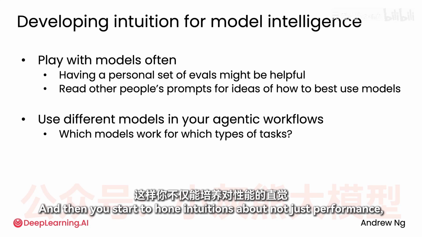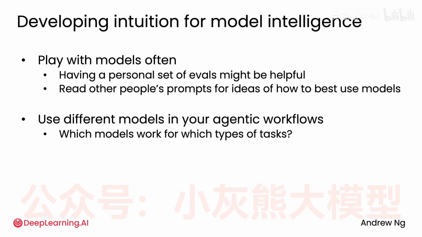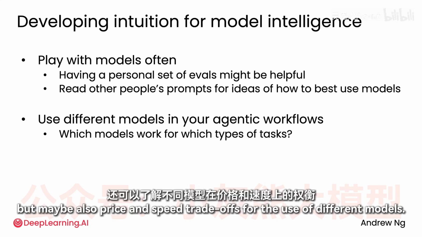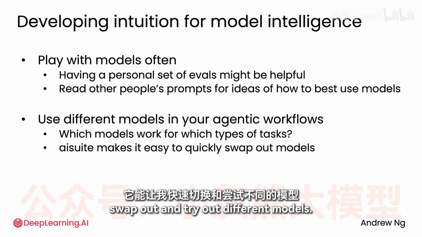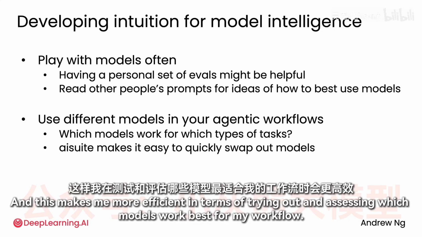And then you start to hone intuitions about not just performance, but maybe also price and speed trade-offs for the use of different models. And one of the reasons I tend to develop my agentic workflows with AI Suite is because it then makes it easy to quickly swap out and try out different models. And this makes me more efficient in terms of trying out and assessing which models work best for my workflow.